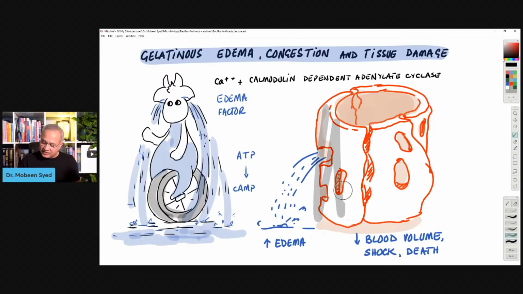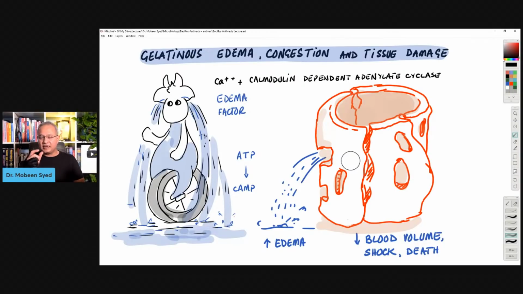This is a blood vessel I made here. In this blood vessel, imagine this is an endothelial cell, a blood vessel wall cell. When this cell becomes infected with Bacillus anthracis, the edema factor causes the production of transendothelial macroapertures. What does that mean? Big holes in the cell.